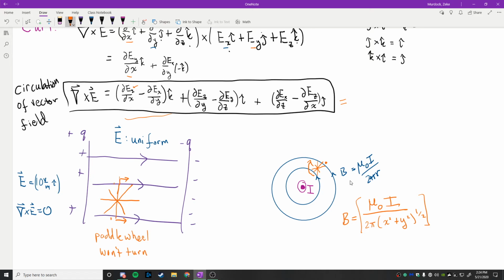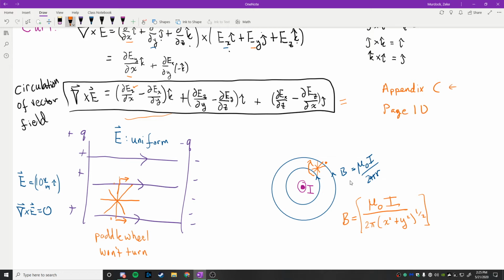Is it Appendix E? Appendix F? I'm losing my mind. One second. There we go. Appendix C, page 10. That's where it is.